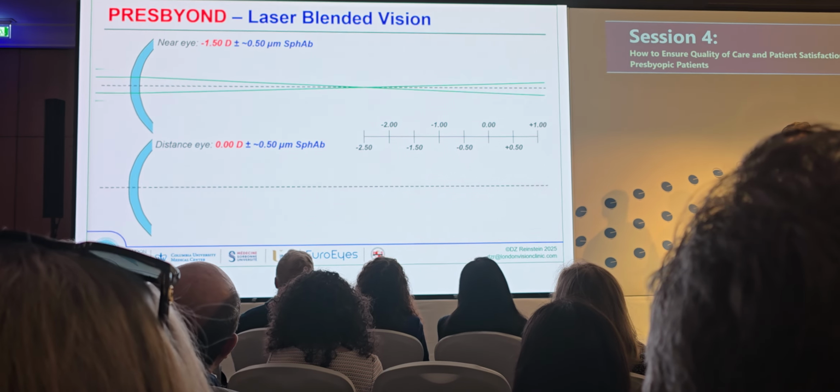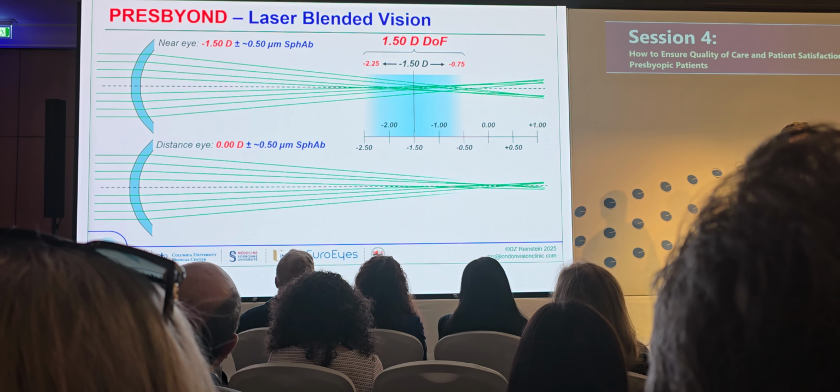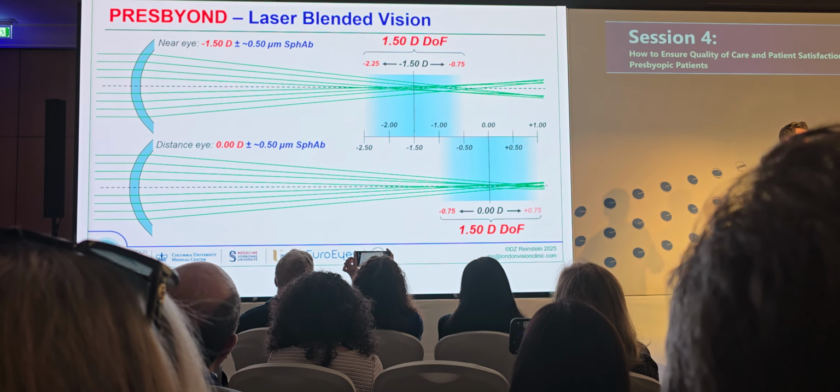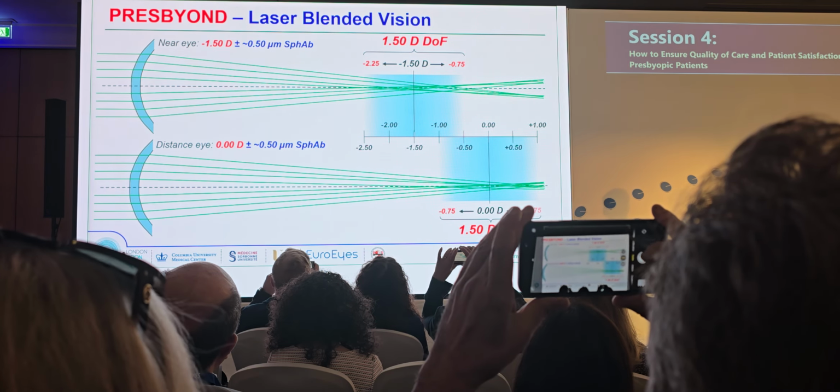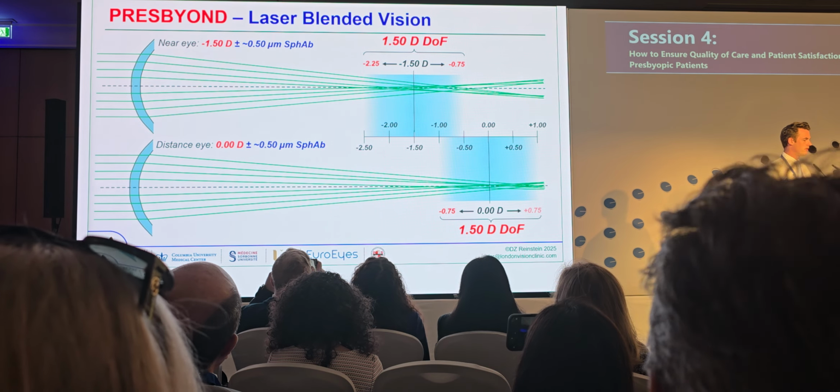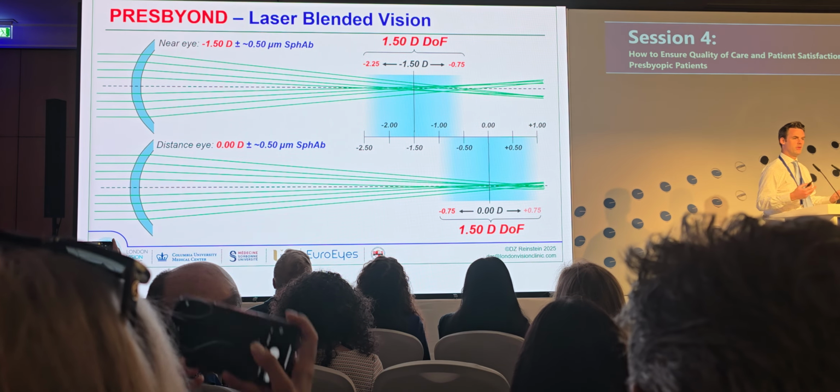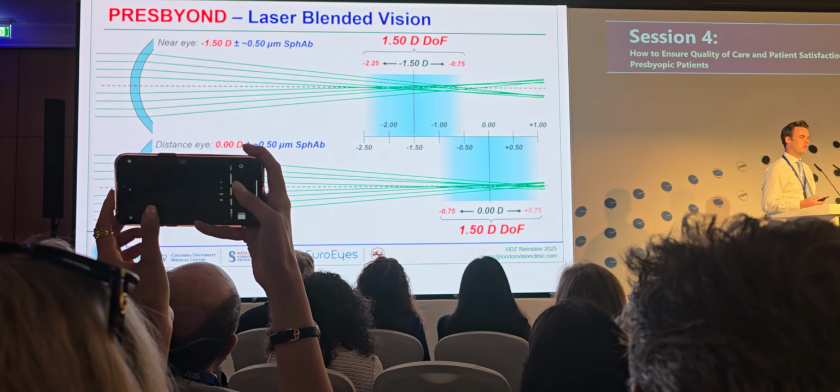So in Cresbeyond, obviously we have the minus 1.5 in the non-dominant eye with the depth of field and the plano in the dominant eye, and then you end up with the extended depth of field that gives you that blend zone.